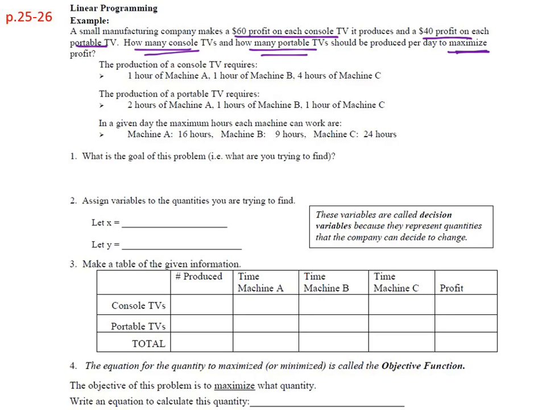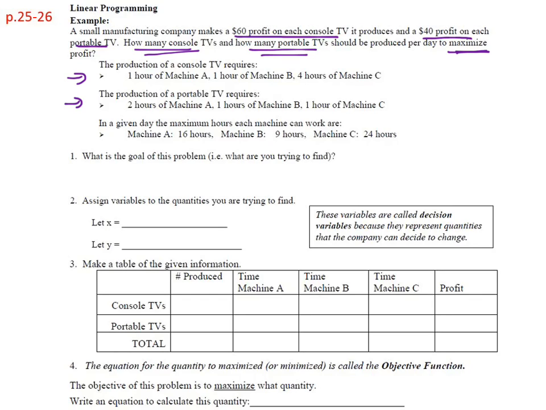So keep in mind, making each of these TVs, it's going down the production line. And one of those console TVs requires 1 hour at machine A, 1 hour at machine B, and 4 hours at machine C. Each of those portable TVs requires 2 hours at machine A, 1 hour at machine B, and 1 hour at machine C. Now those machines, we know how technology goes.